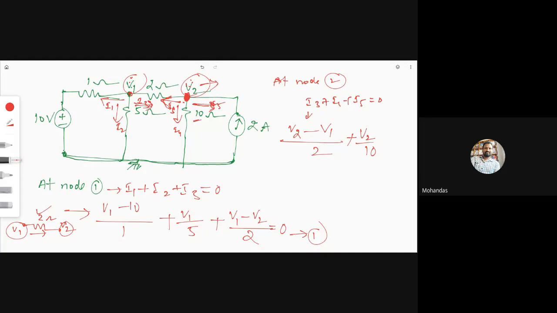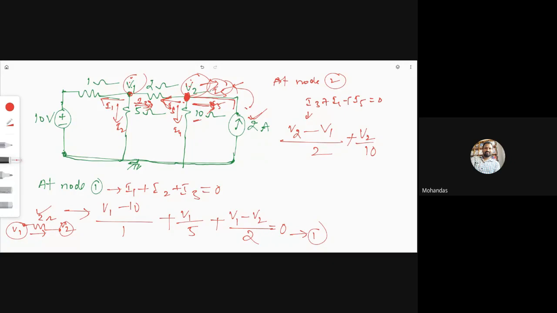Now come to the point here. This current is imagined to be I5, but here is it a current source or a voltage source? Current source, sir. For a current source we directly know the current. Directly we know I5, whatever the current which is leaving, but we have to show the direction.